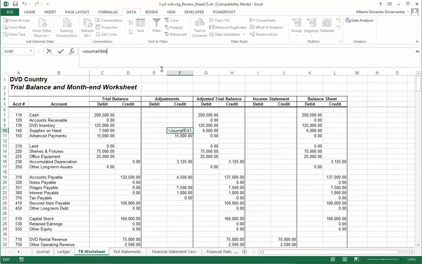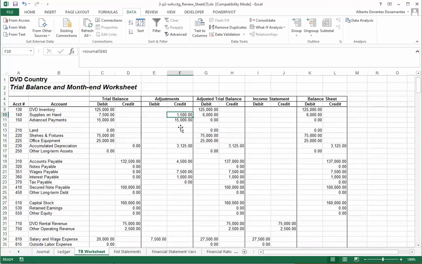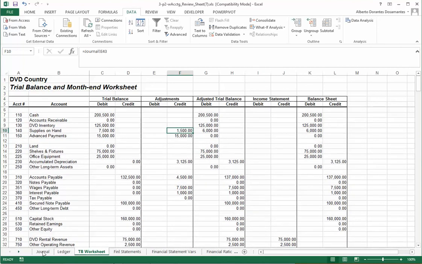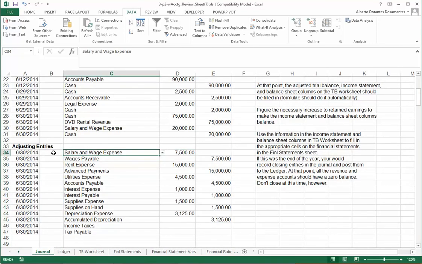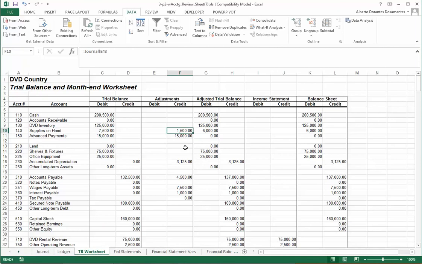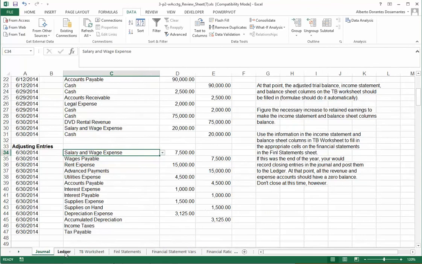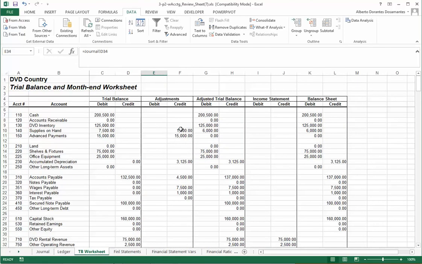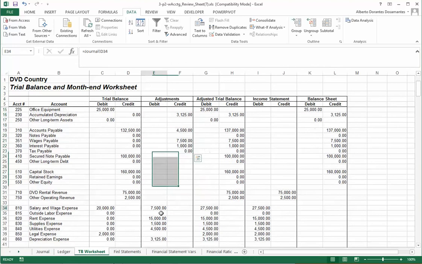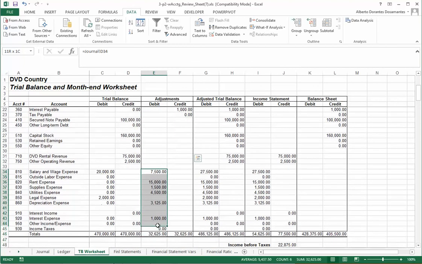Then what you have to do is, here in your sheet you have empty values, but you have to search for exactly what this account is, salary and wages expenses. Then you search for that, write this here, then you can put equal to the journal D34, that is this one, okay. And you fill out all this and this, right?